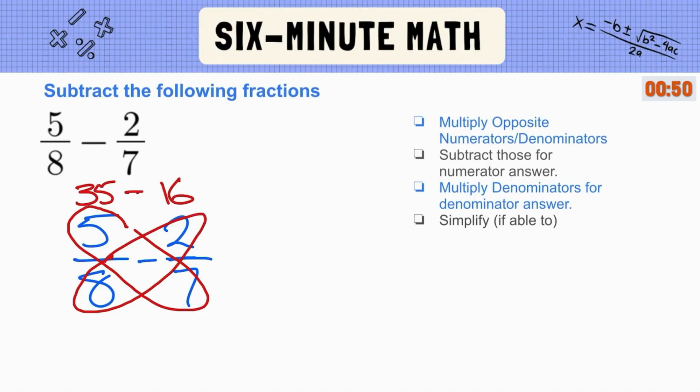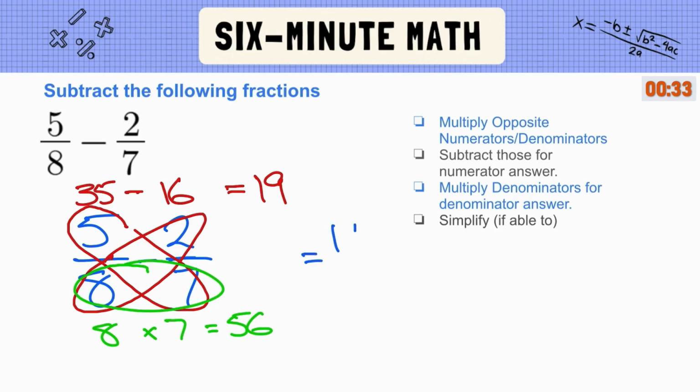And I subtract those to get 19. I multiply my denominators together. 8 times 7 is 56. And I get my final answer of 19 over 56.